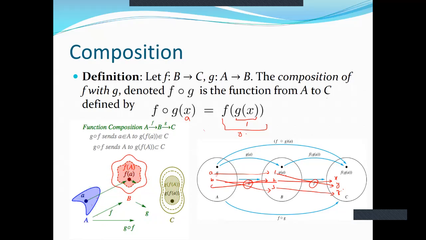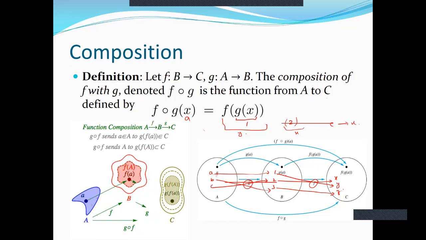So indirectly, first of all, I need to know how I map this C to 2, with the help of G. So G of X will result in 2, right? And then I will find the F of 2, that is X. So I will get X. In short, I will see C is mapped to X, right?